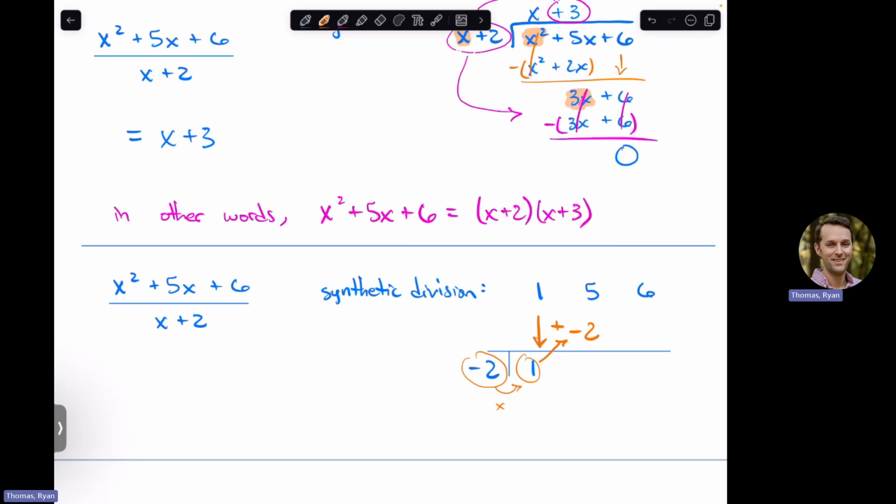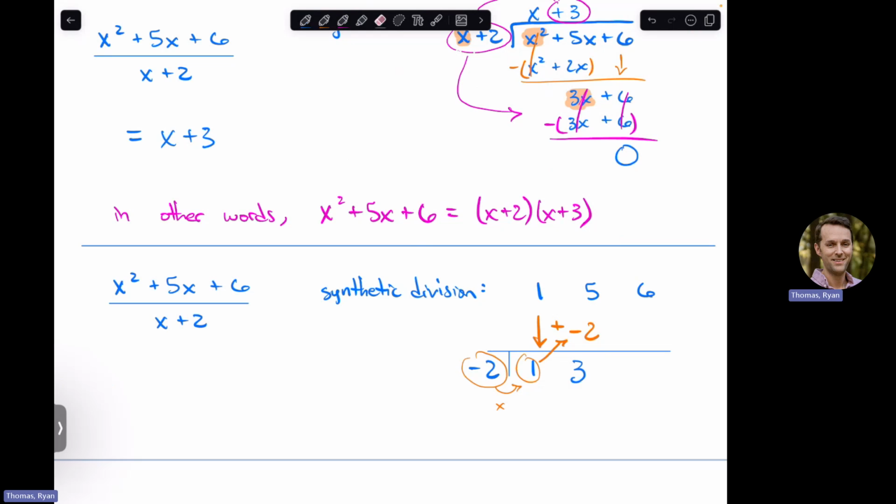And then add right here. So if you think about what was going on here, what we're doing is keeping track of now the linear term. So we figured out how many times it went into the quadratic term, what the coefficient should be. Now we're doing that for the linear term. So we add these. 5 plus -2 is 3.